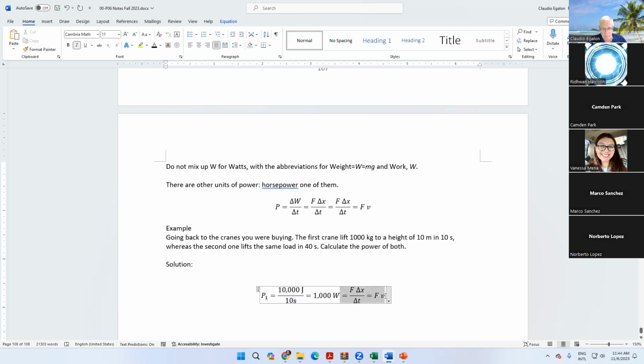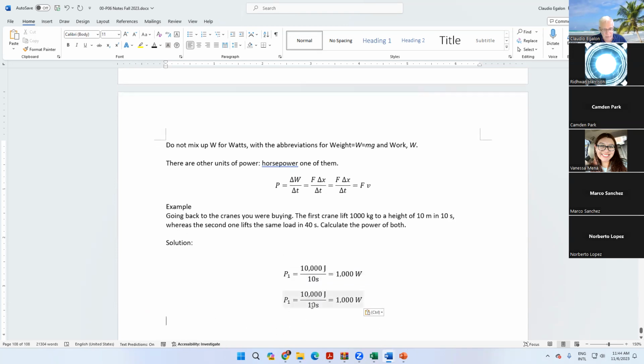The second one, 10,000 joules, but now it's going to be 40 seconds. And you're going to end up having 1,000 divided by 4, 250 watts. It's half the price, but it has 4 times less the power.